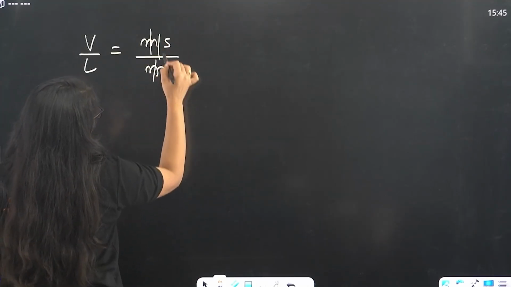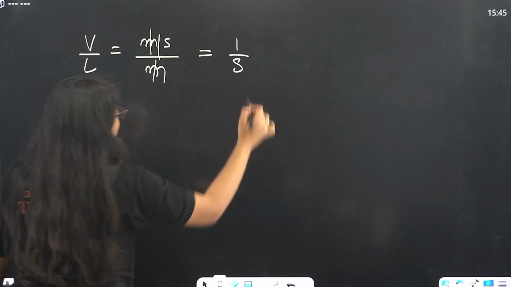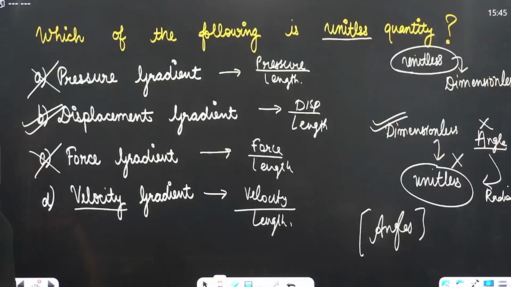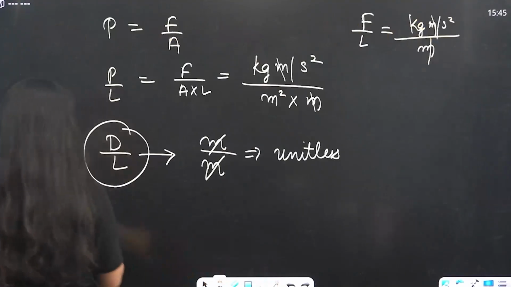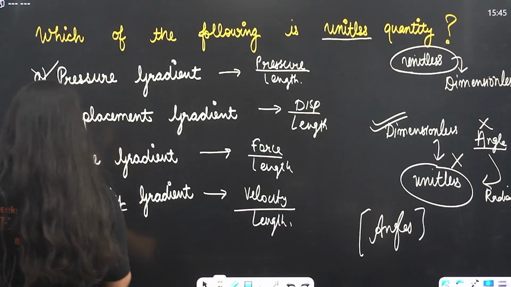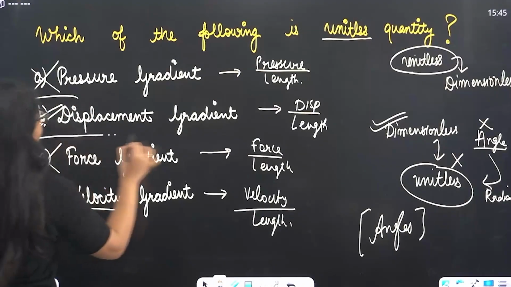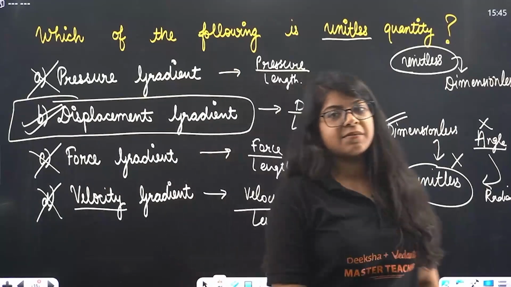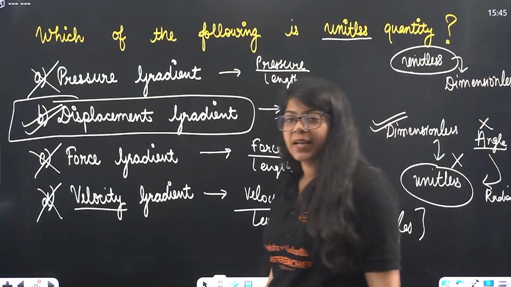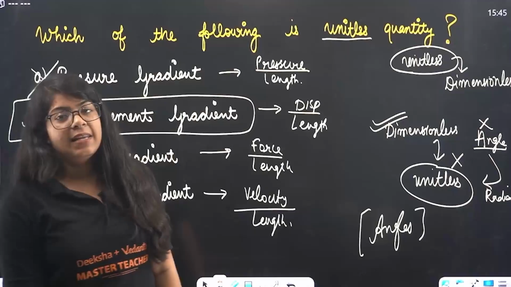This cancels out, but this second is there, 1 by second. So velocity gradient also has some units. So this can't be the answer. Your answer will be displacement gradient is unitless. Done.